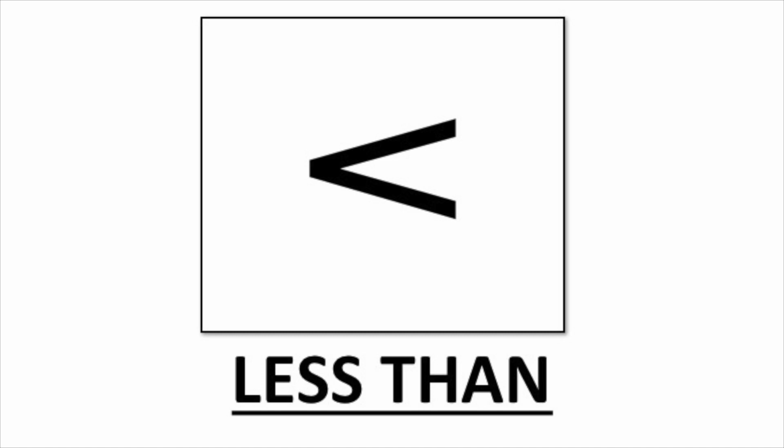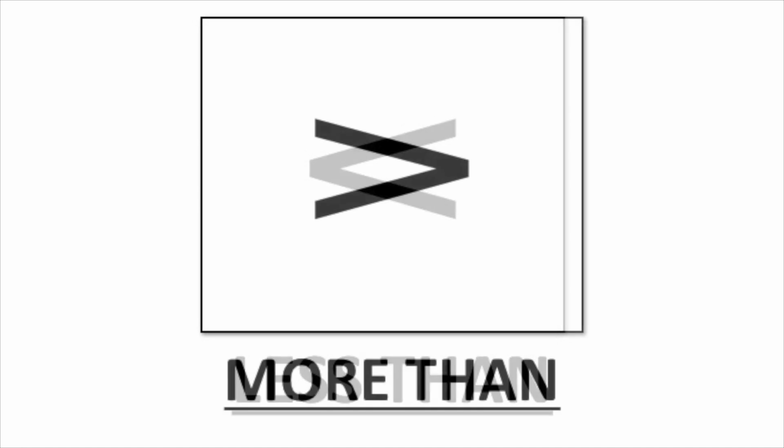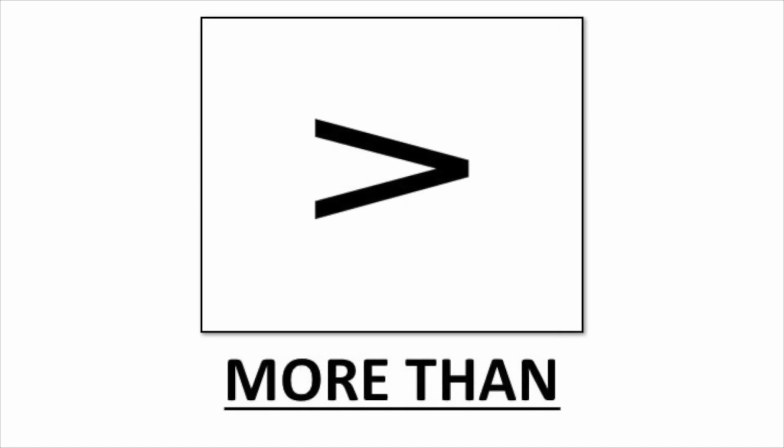This is the symbol for less than, okay? So when it comes to the worksheet, this is the symbol for less than. And the opposite of less than? More than. And then if 2 are both the same, equal to. We use the equal symbol.